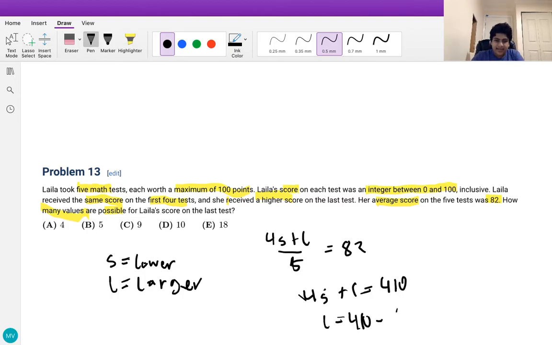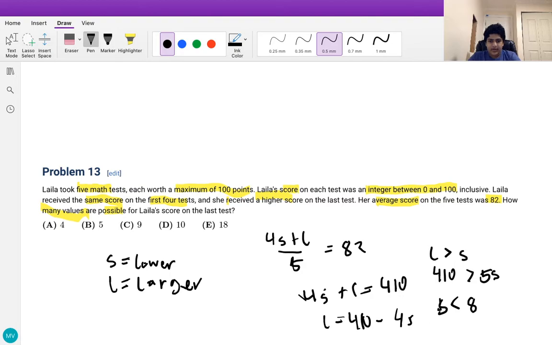And then the fact that she received a higher score on the last test means that L has to be greater than S. Or in other words, from this solved value of L, we have 410 is greater than 5S, or S is less than 410 divided by 5, which is just 82.